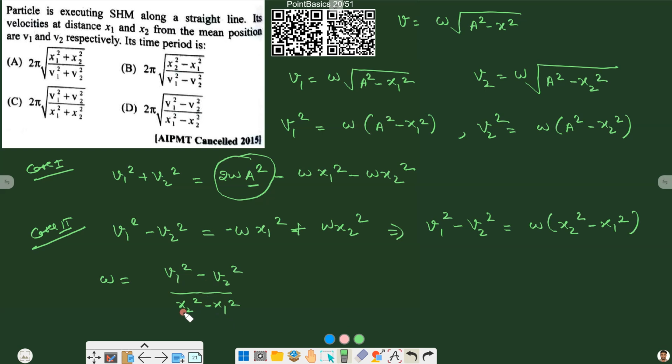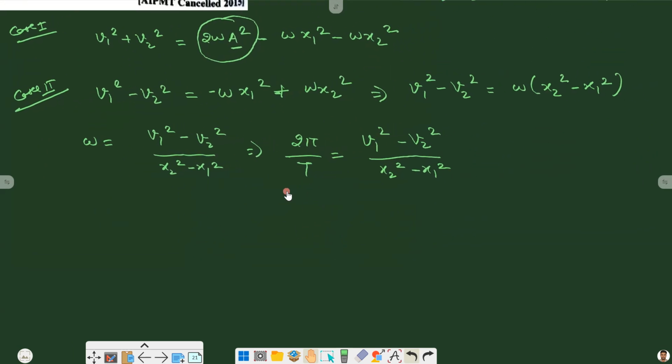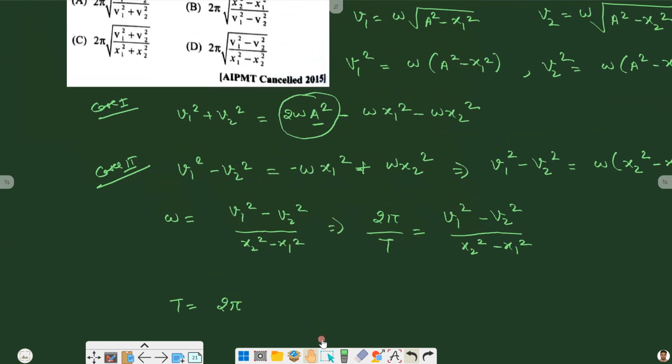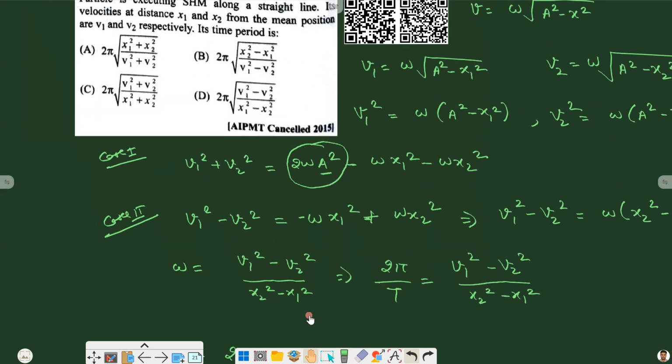Here omega is 2 pi by T, so 2 pi by T is equal to v1 square minus v2 square divided by x2 square minus x1 square. What we have to find out is the time period.